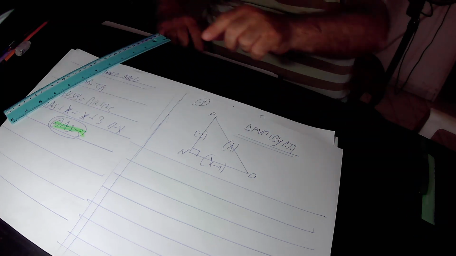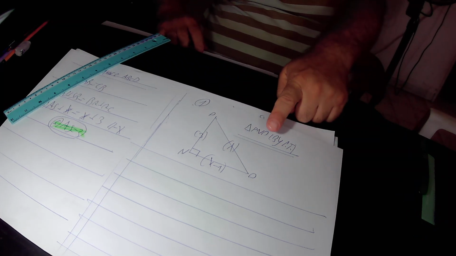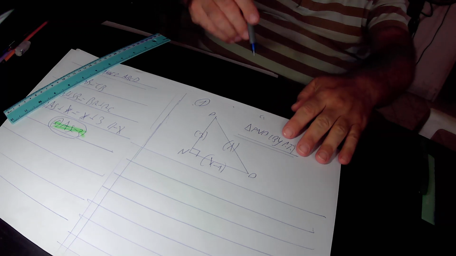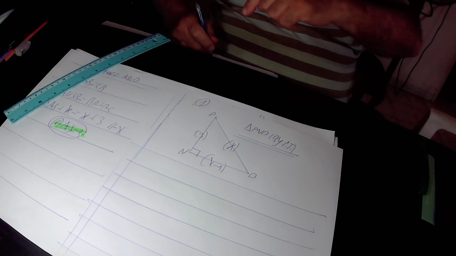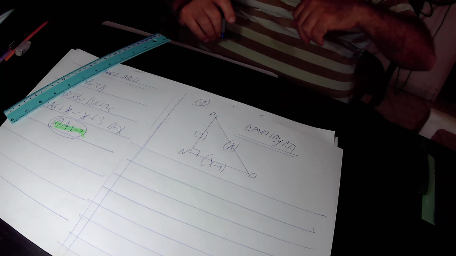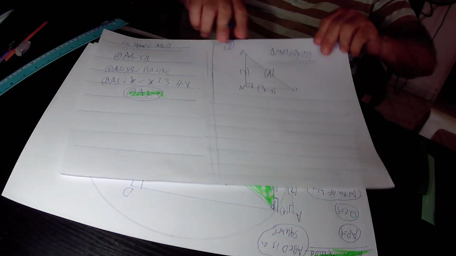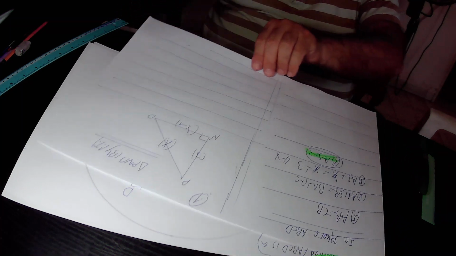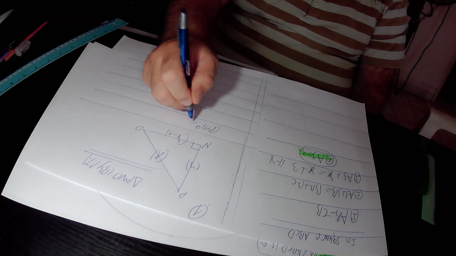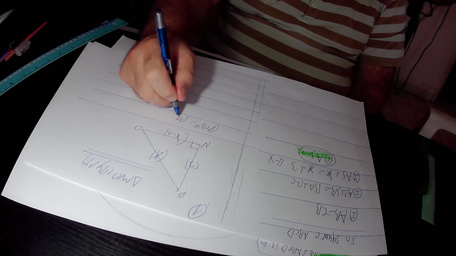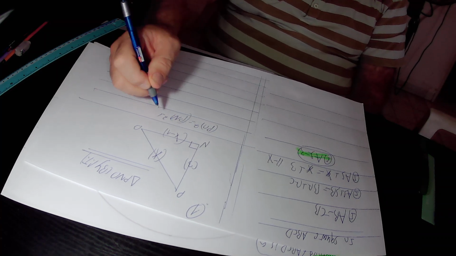According to the Pythagoras theorem, in this right triangle PNO, PO square, that is the square of the hypotenuse, equals PN square plus NO square. So I'll write it down. PO square equals PN square plus NO square.